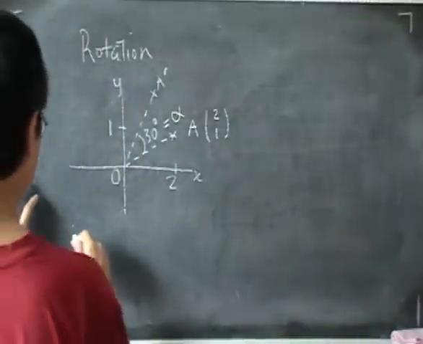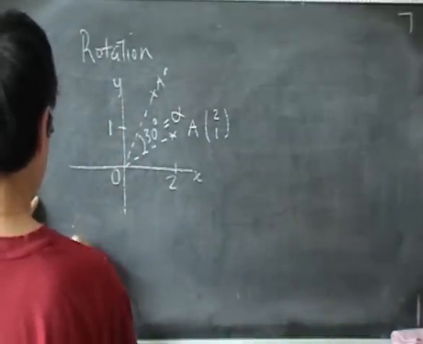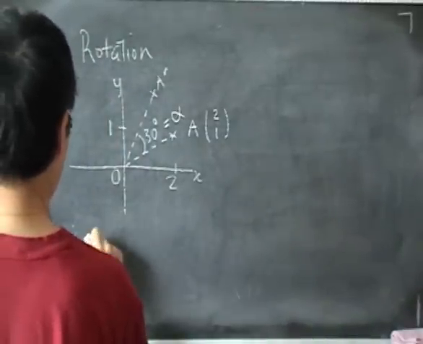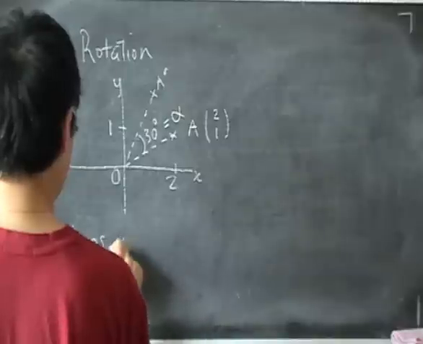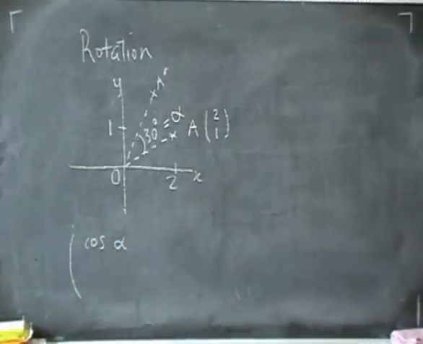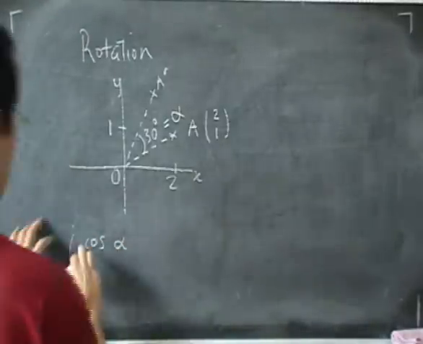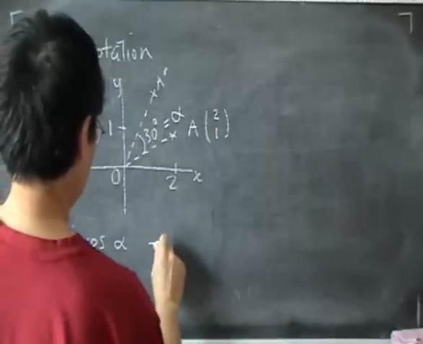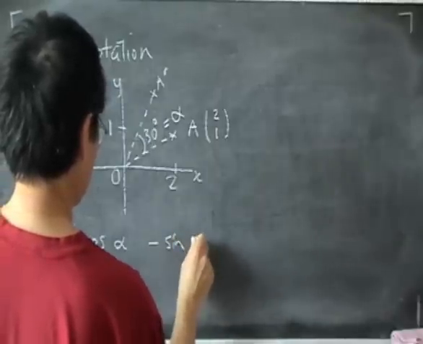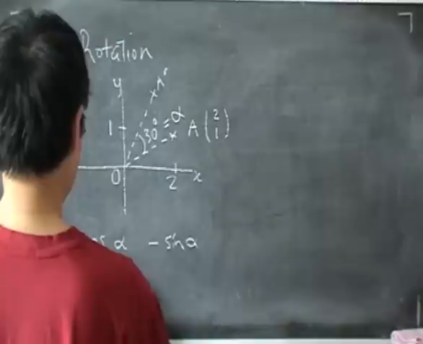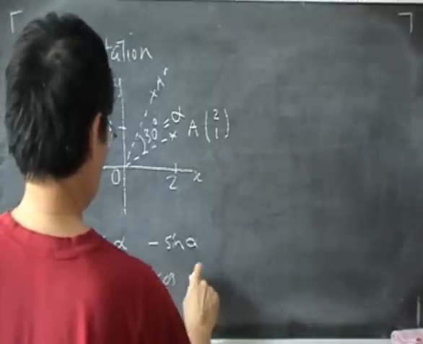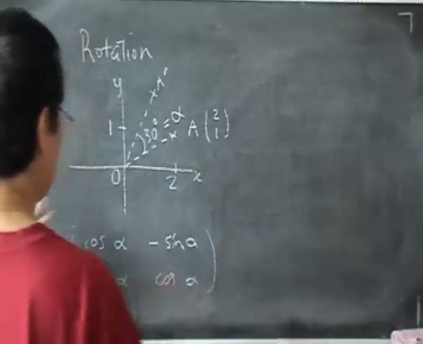The rotation matrix is given by cosine alpha, minus sine alpha, sine alpha, cosine alpha.